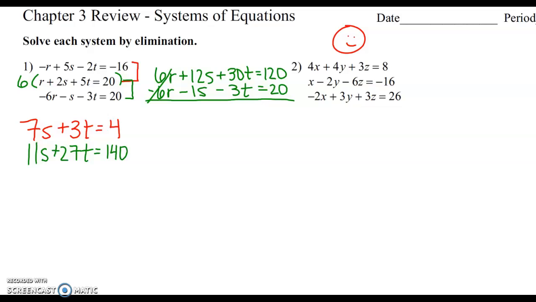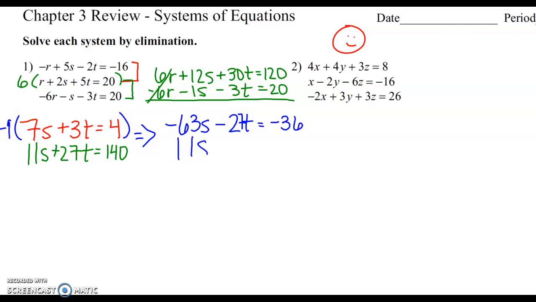So now elimination, I think I'm going to go for the t's. I've got 27 and 3. Opposite of 27 would be negative 27, so I can multiply 3 by negative 9. So let's see, 9 times 7s, I'm looking at negative 63s, minus 27t equals negative 36.